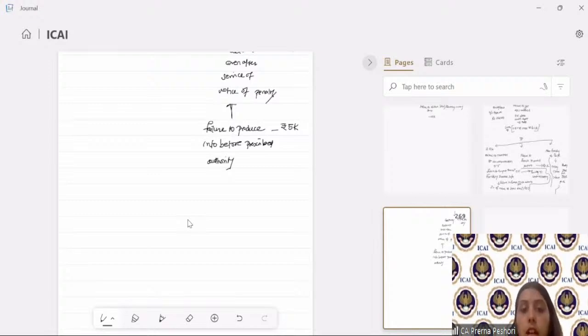Clear? If you furnish inaccurate CBCR, the penalty is very high, which is rupees 5 lakh.